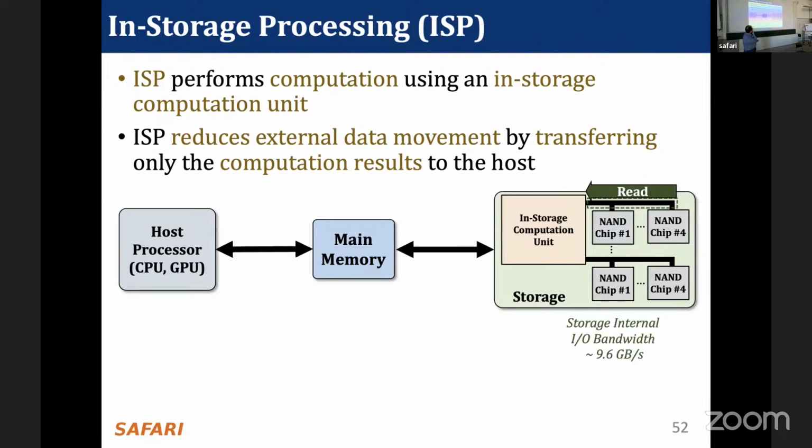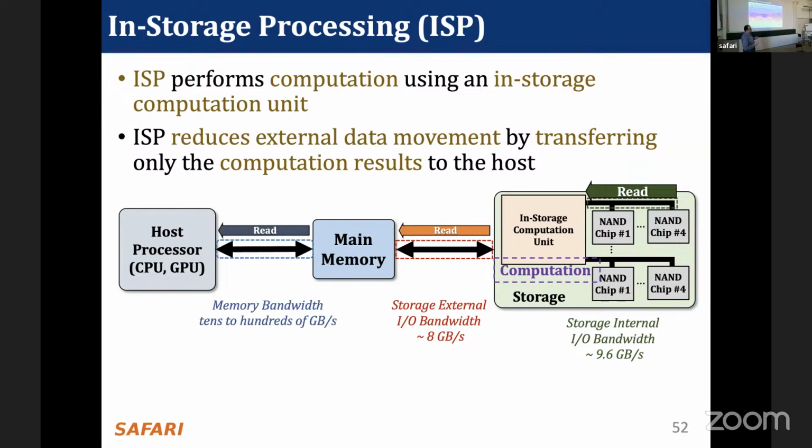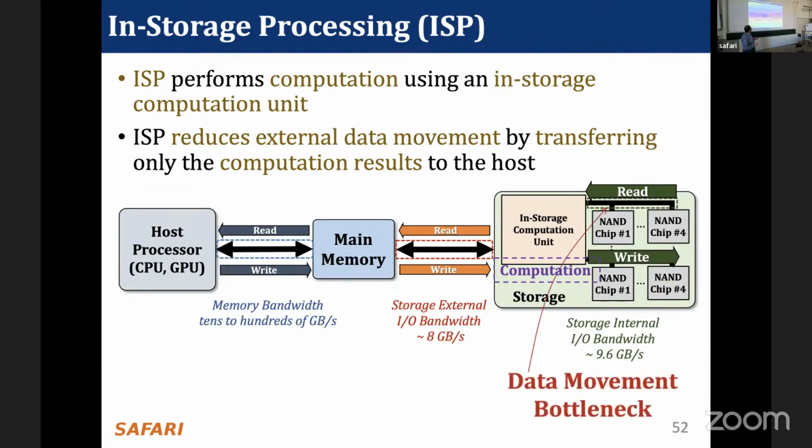You can read data from the NAND flash chips and do computation inside the storage controller, and then we just send back the results to the host system. So now we are bottlenecked by the throughput of the channels that we have internally inside the storage.